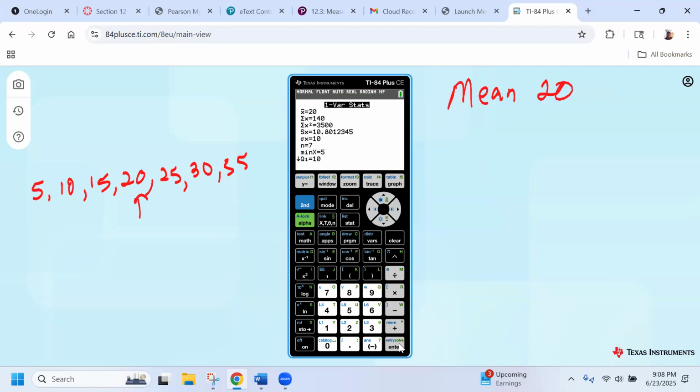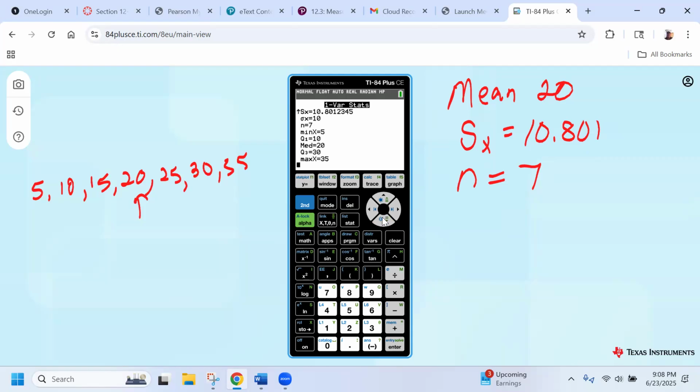This has a standard deviation of 10.801. It has 7 numbers in its data set. This other data is important and we'll talk about it later.